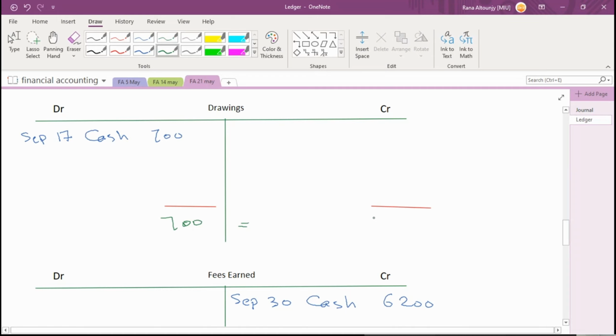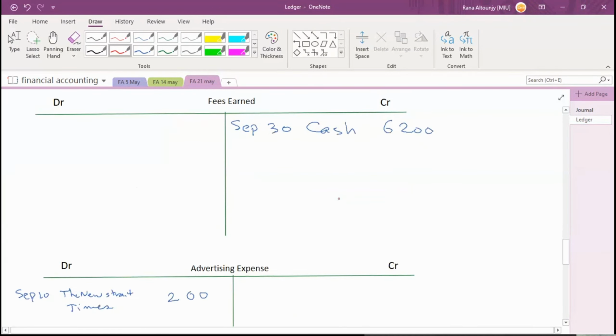So we need to make this side also equal 700. So we put the balance 700, which is a debit balance. Then this account we do the same. So you need to do the balancing for all your accounts.